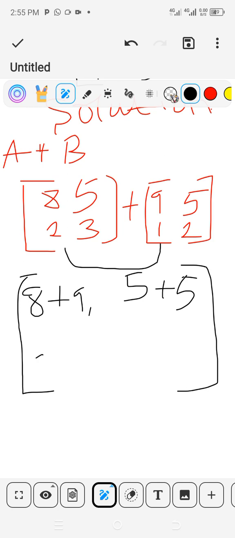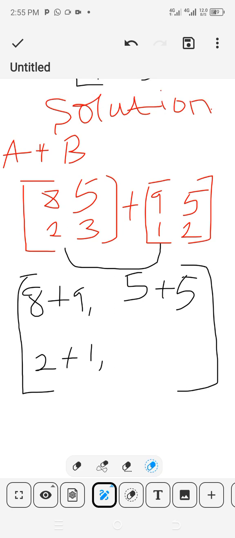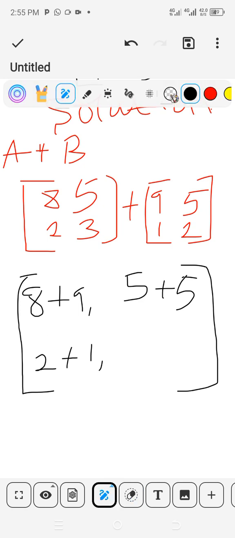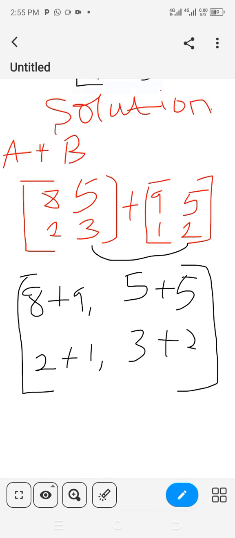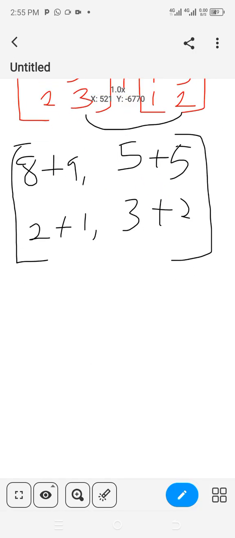We'll have 2 plus 1, comma. We'll take the next number, which is 3, and add it to the next number in the other matrix. That's 3 plus 2. So we are almost done.